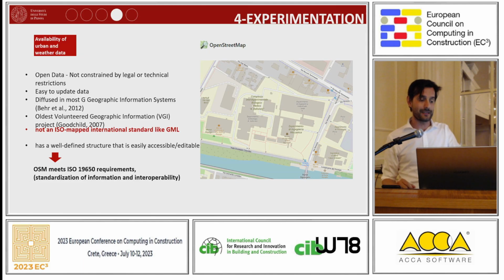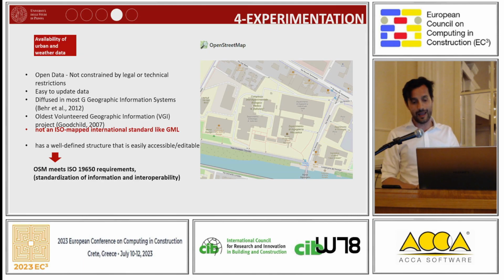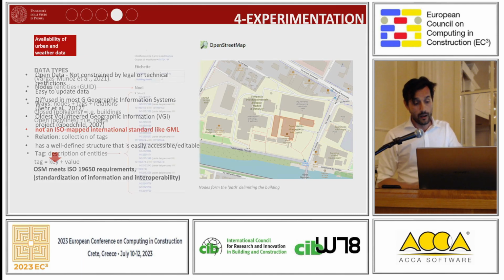The problem is that it is not an ISO-mapped international standard like CityGML, but it has a well-defined structure that is easily accessible. So, in our opinion, OSM meets the ISO standards in terms of standardization and information and interoperability.